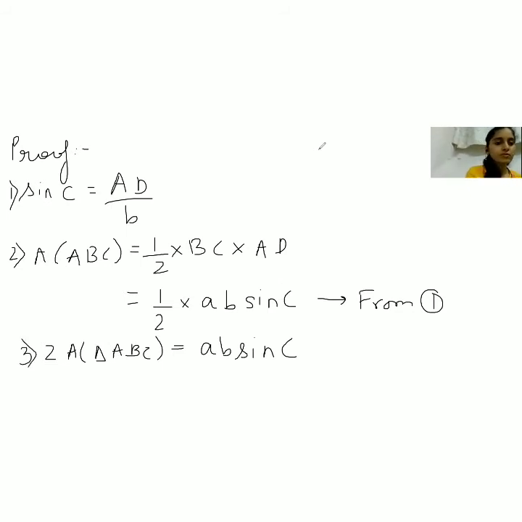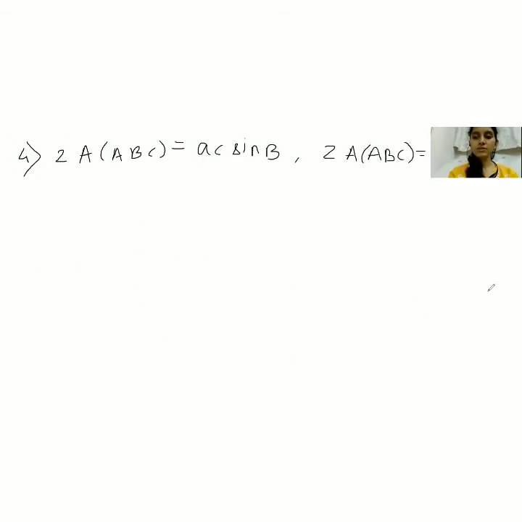Let's go to the fourth step. Similarly, we can have 2 area of triangle ABC is equal to ac sine B, and 2 area of triangle ABC equal to bc sine A. In a similar manner, we'll draw perpendiculars on each one and find the remaining angle.